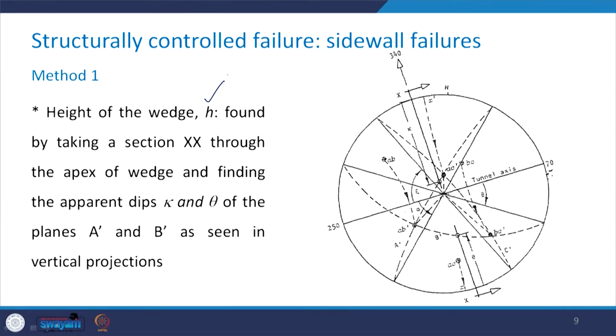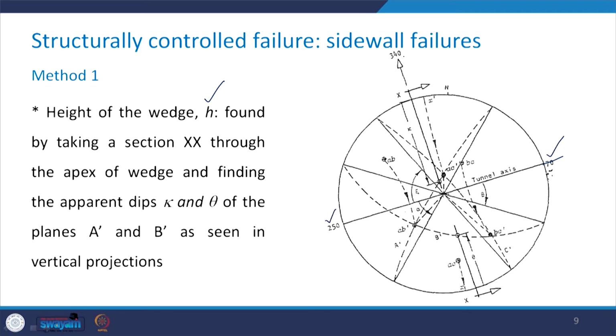So, let us see how we can find out the height of the wedge. This can be found by taking a section XX. Take a look at this figure: the tunnel axis is 250 degree to 70 degree.